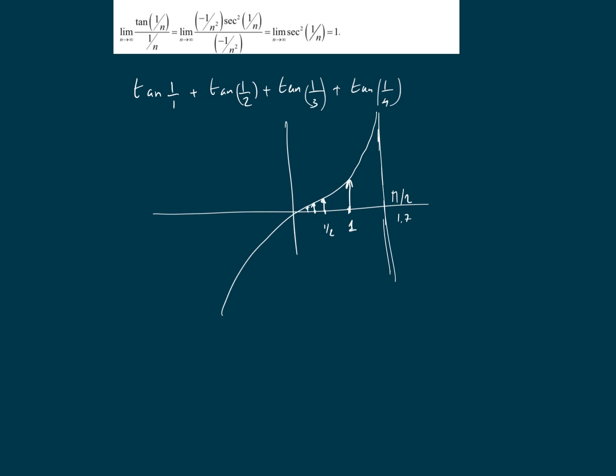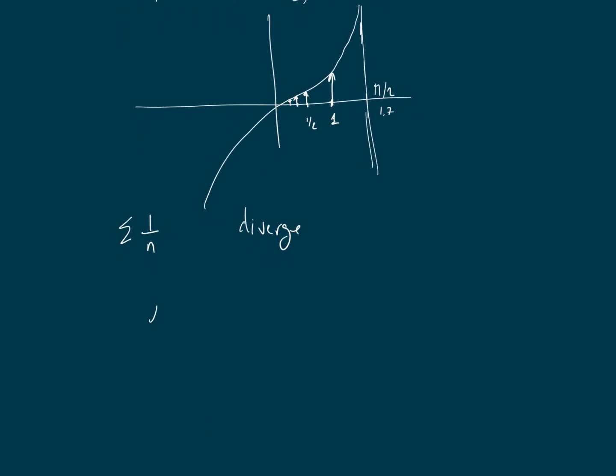So what I will choose, because it appears here, is tangent of 1 divided by n. I know that the series 1 divided by n is the harmonic series, and this series diverges. So I will try to do the limit when n goes to infinity of tangent of 1 divided by n, divided by 1 divided by n.